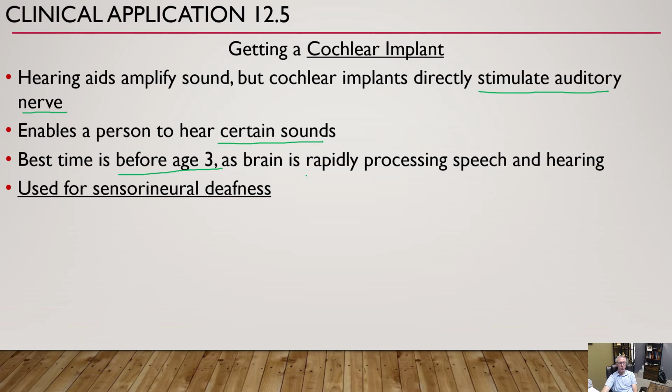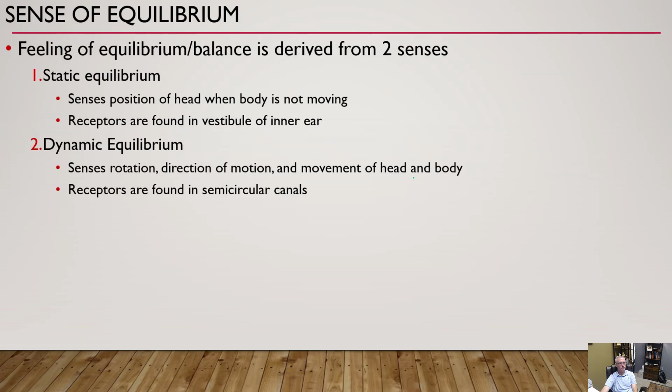And that's good because that's when a child is developing their speech and hearing. And if we can get that implanted before they are rapidly developing their speech, then it will just help their growth or speech patterns.